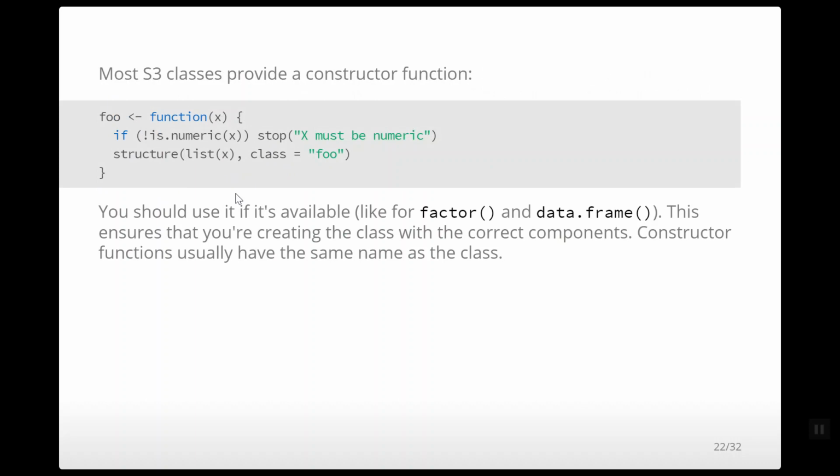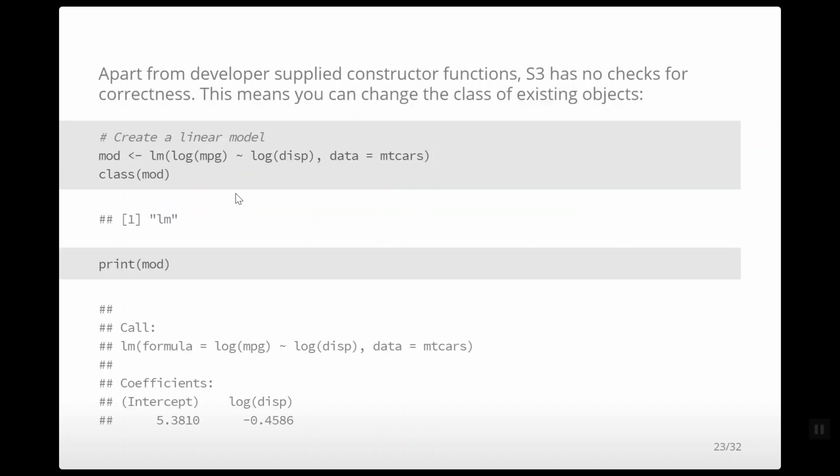Oftentimes that's a nice thing to have, but it's not necessary. Again, all you have to do is just say class of this thing is some character string. But apart from the constructor functions, S3 has no checks for correctness.